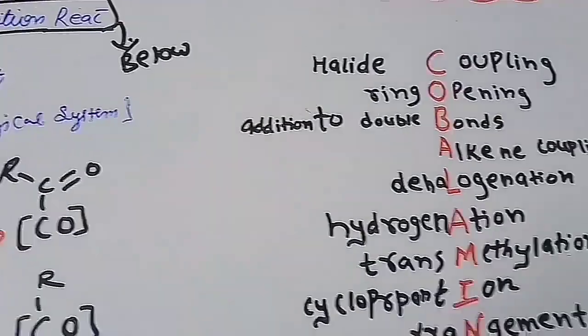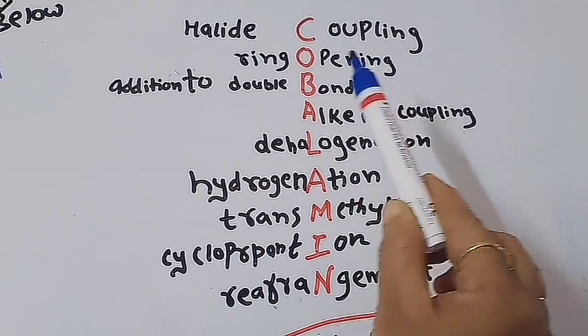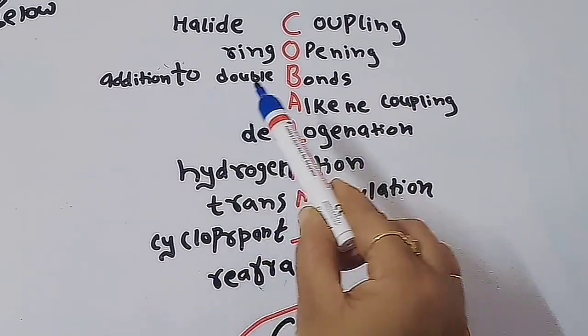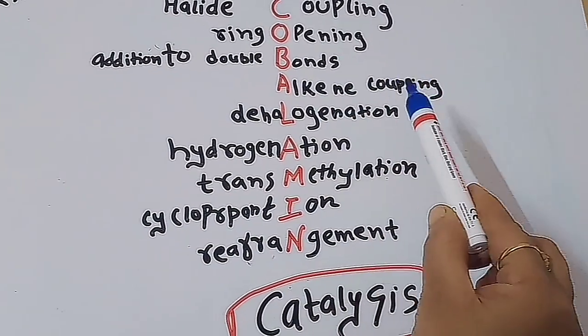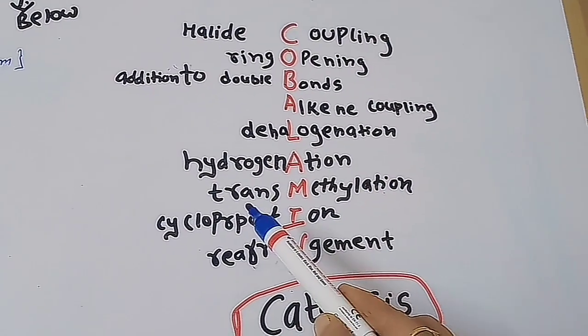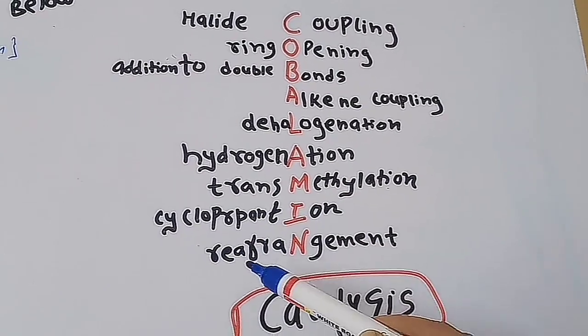So now just have a look at this. It undergoes halide coupling. It can also undergo ring opening. It adds to double bonds, and alkene coupling also. Then dehalogenation, hydrogenation. It can undergo transmethylation, cyclopropanation, and rearrangement.